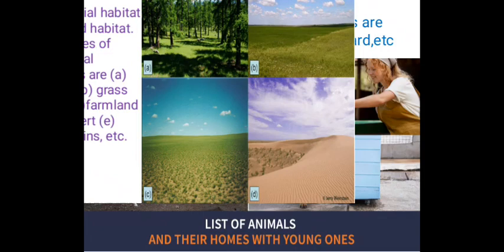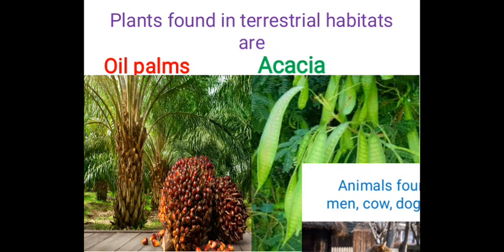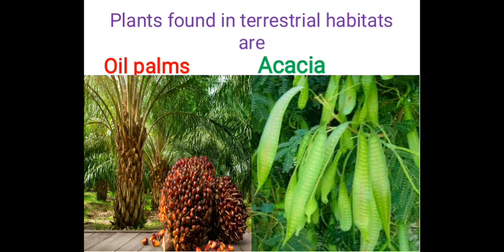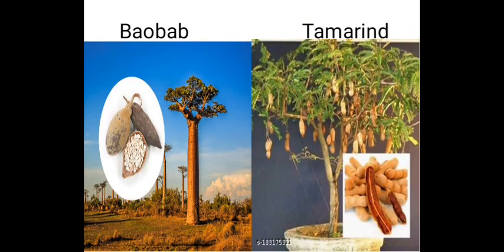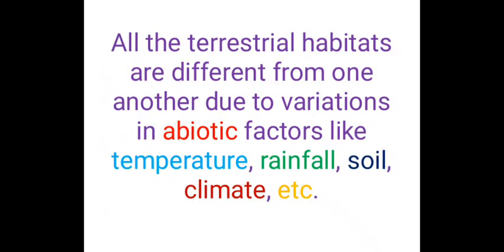Animals found in terrestrial habitat are men, cow, dog, goat, lion, monkeys, lizard, etc. Plants found in terrestrial habitat are oil palm, acacia, baobab, tamarind, locust beans, etc. All the terrestrial habitats are different from one another due to variations in abiotic factors like temperature, rainfall, soil, climate, etc.